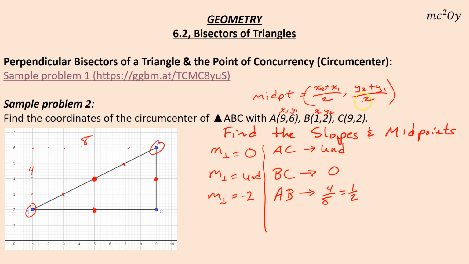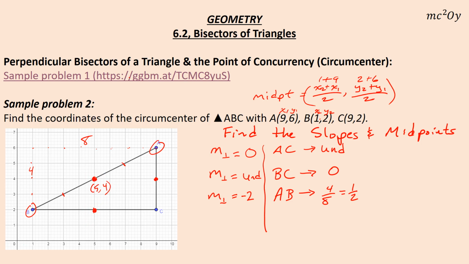You just substitute those in and calculate it out. So you'd have 1 plus 9 over 2, and then you'd have 2 plus 6 over 2. Well, that's 10 over 2, or 5. And 8 over 2, or 4. And that actually happens to be where we're at there.